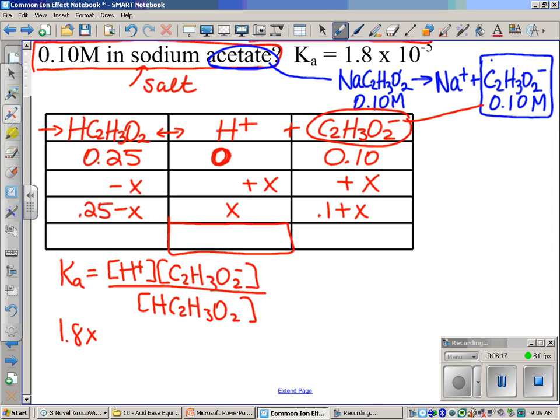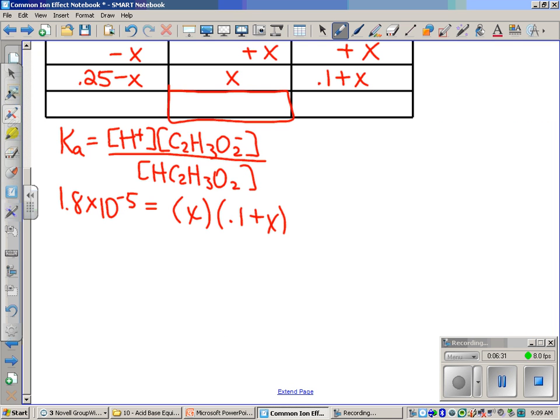I know my Ka was given in the problem as 1.8 times 10 to the negative fifth, which means we can use our trick. So H plus is represented by X. C2H3O2 minus is represented by 0.1 plus X. And then on the bottom, HC2H3O2 is 0.25 minus X.